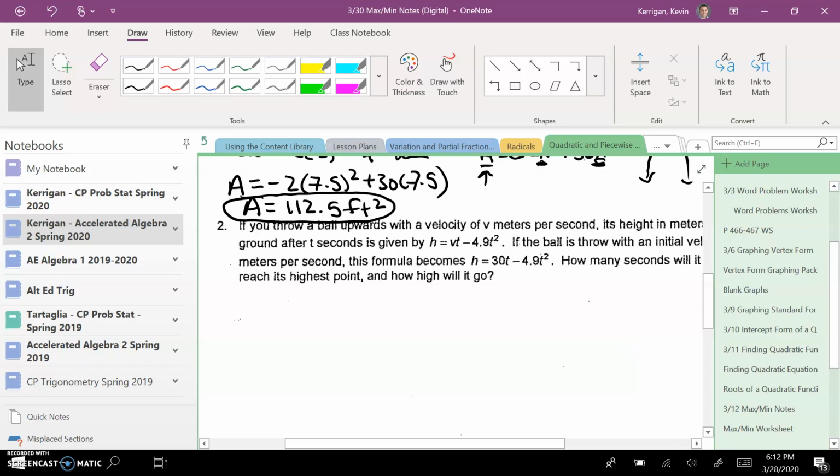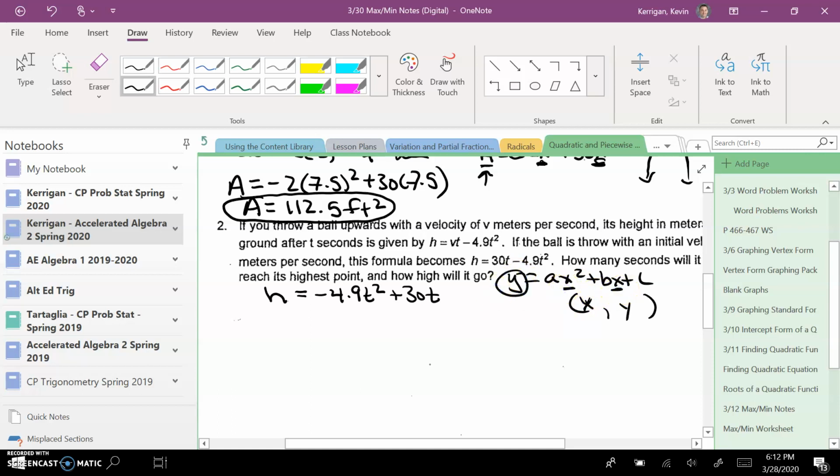So if you think about this, if I have the height is equal to, I'm just going to rewrite this kind of in standard form here, negative 4.9 t squared plus 30t. So here, normally when we have y equals ax squared plus bx plus c, my vertex of that is some x comma y point. So it's this variable comma that variable.